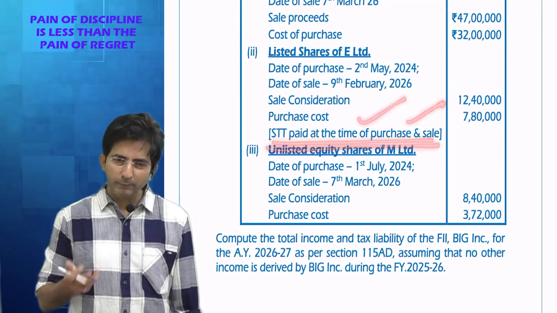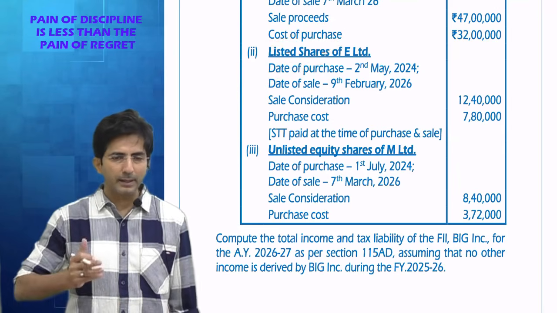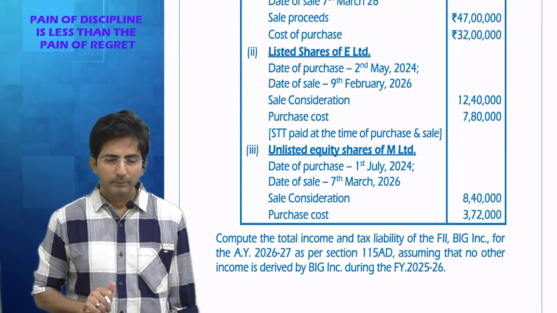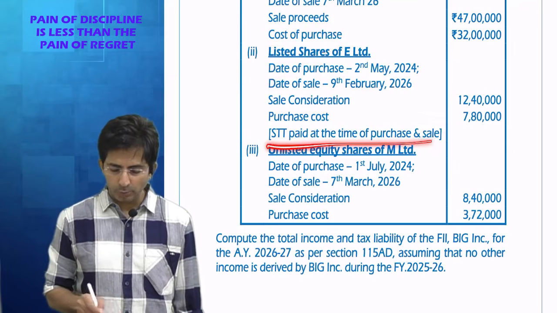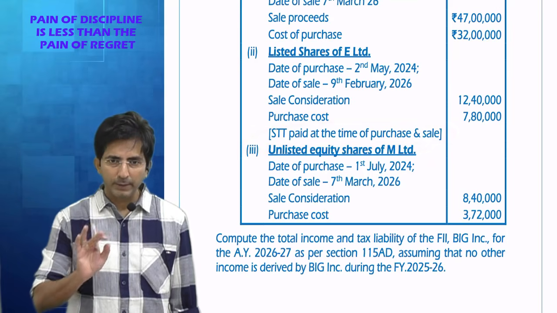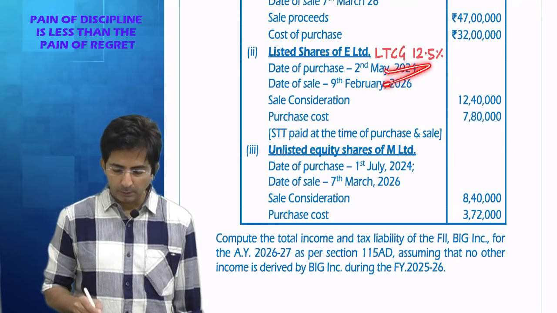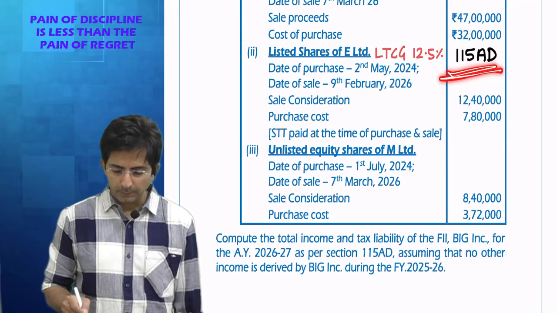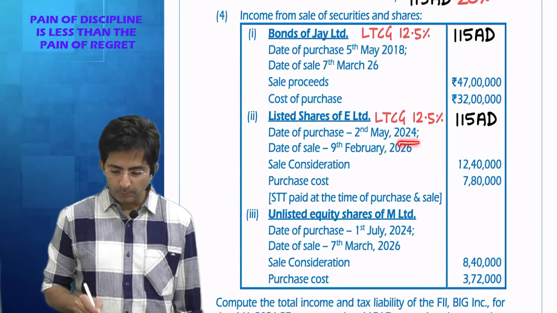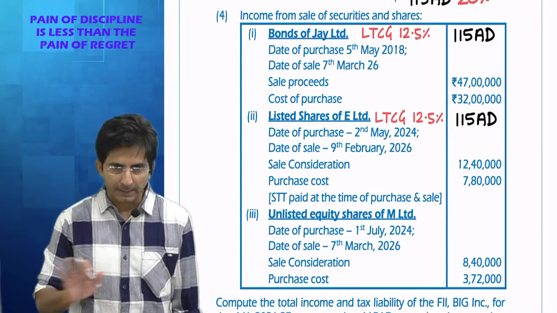If not given, we can assume it, because listed securities are generally traded through the stock exchange. But here they have given it also. So STT paid means 1,25,000 exempt and on the balance 12.5%. Even this long term is covered by section 115AD, but is it 12.5% on the whole long term gain or after subtracting 1,25,000? After subtracting 1,25,000.